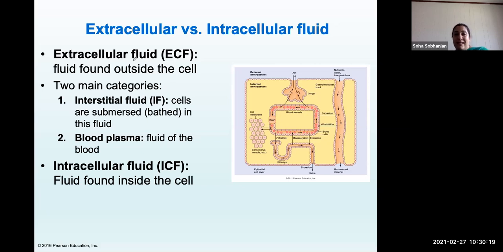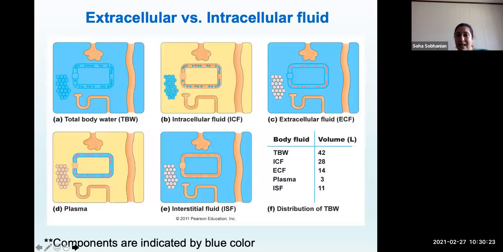Now, the extracellular fluid, which is the fluid you find outside your cell, you can find in two different places. I'm just going to show you this. Don't care about the numbers. You guys can completely ignore those numbers. That's physiology. We're not going to go into it.